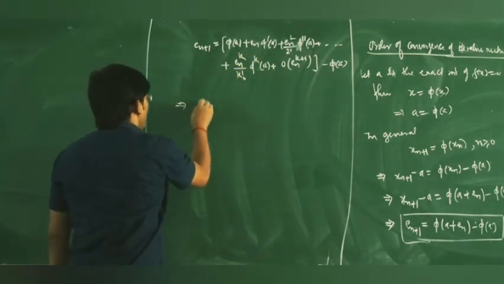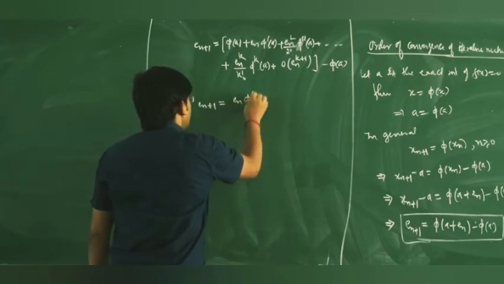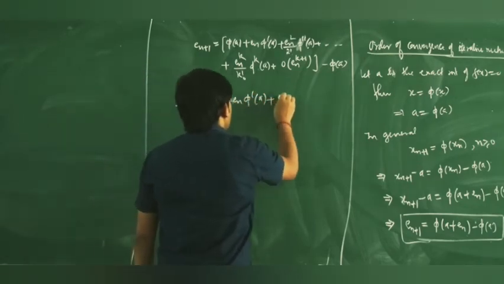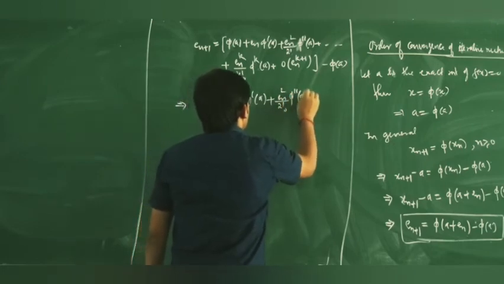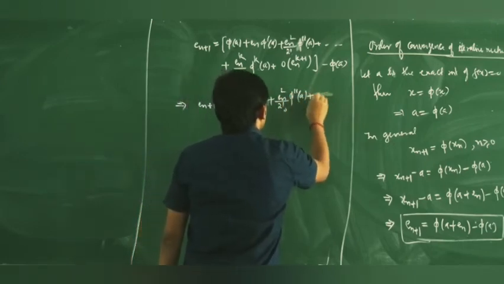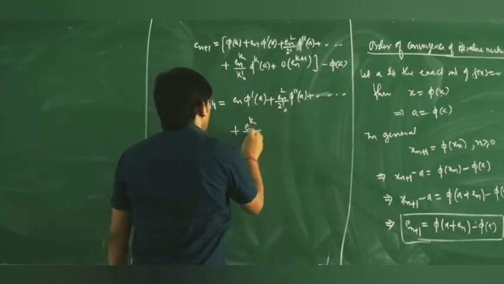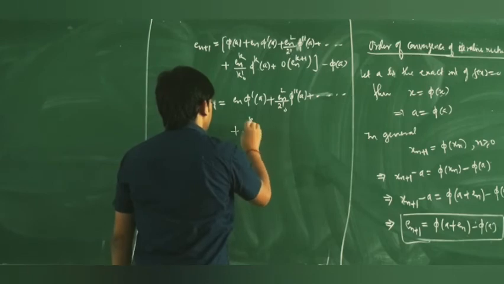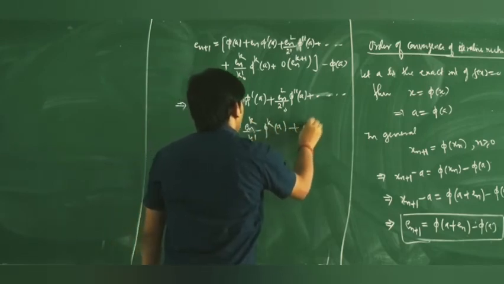So from here we have e_{n+1} equal to e_n phi dash a plus e_n square upon factorial 2 phi double dash a, then the general term e_n power k upon factorial k phi^(k) of a, and then the remaining terms.